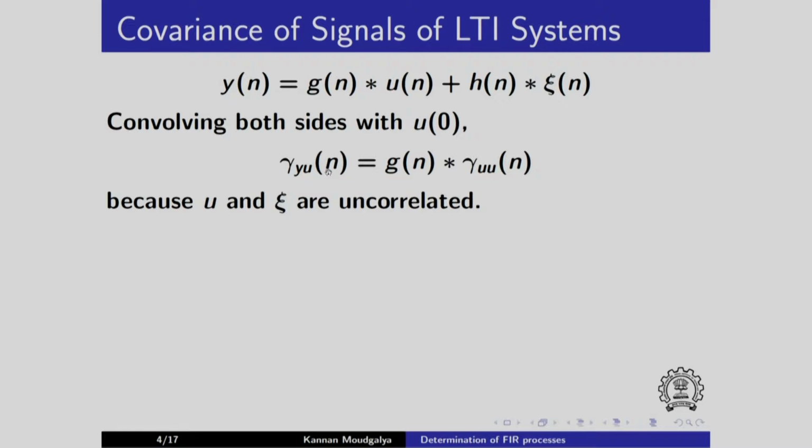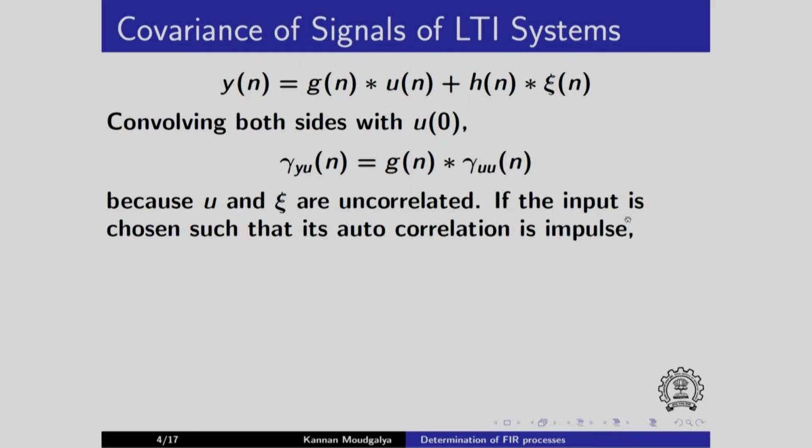So we get this gamma Yu of n. Nothing happens to Gn, but then Un, when it is convolved with U0, you get gamma Uu of n. The difference between these two is once again n. But U and C are uncorrelated. C is white noise, U is the plant input. As a result, when you convolve with this, this becomes 0.